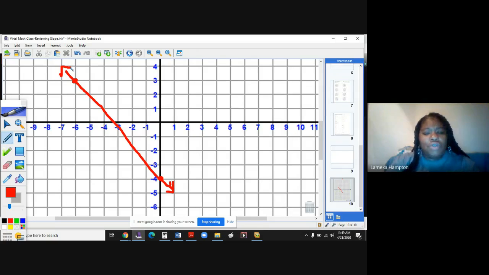So here's what you need to know as it relates to finding the equation of a line. The first thing you got to know is your slope. Well, before we even get there, this is the equation that you want your format to be in: y = mx + b.